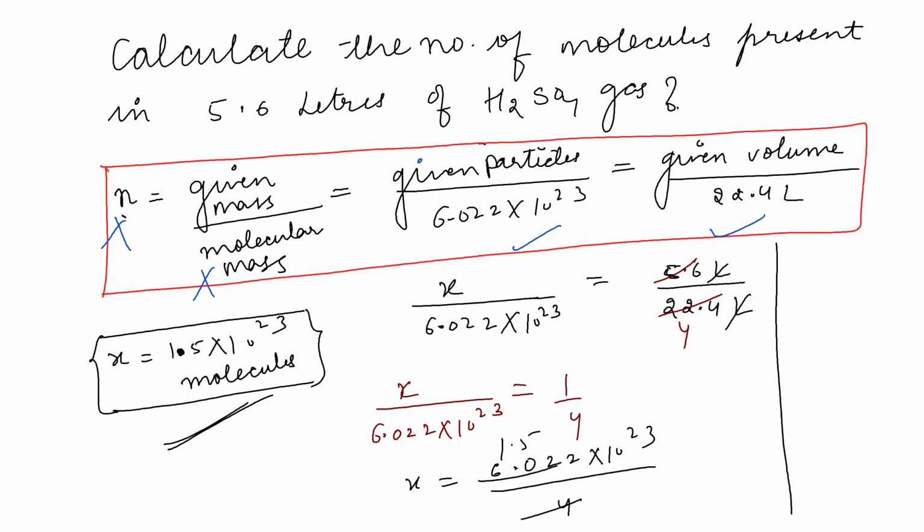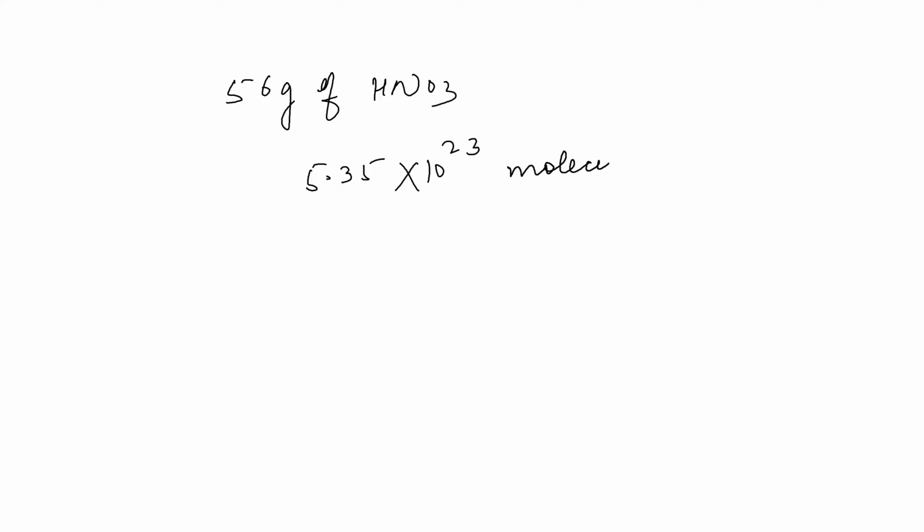Just have a look. Did you just calculate that you had in 56 grams of HNO3, you have 5.35 into 10 raised to 23 molecules of HNO3? Do you understand my point?